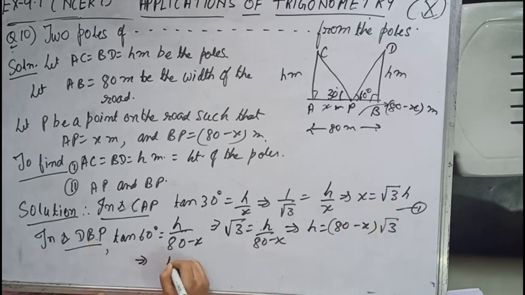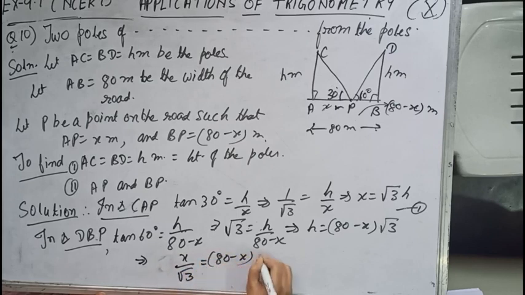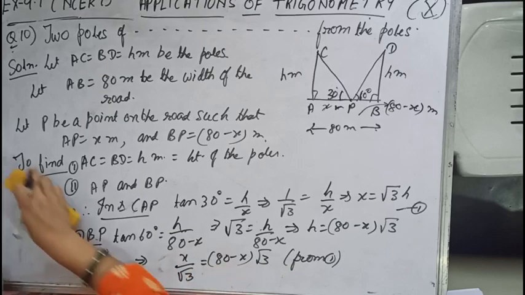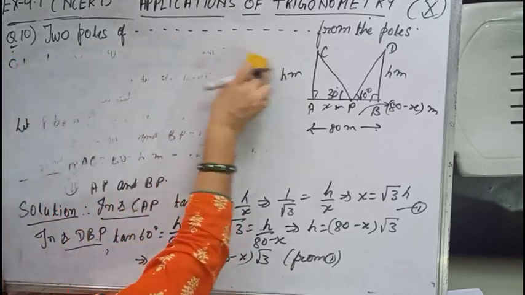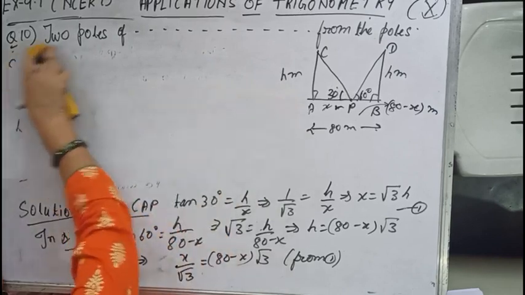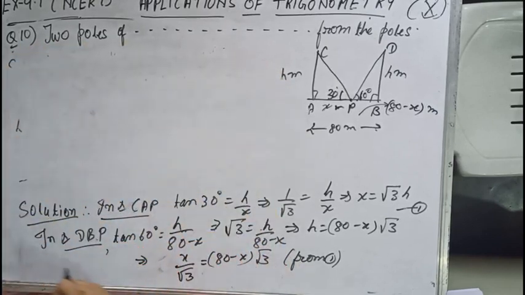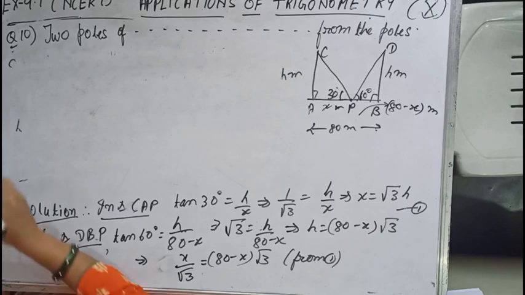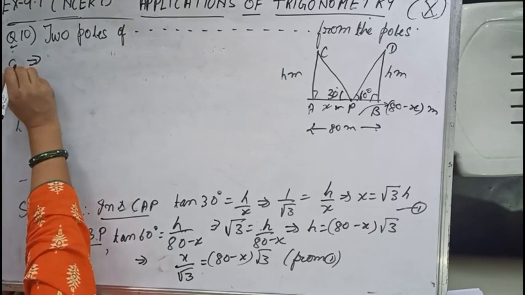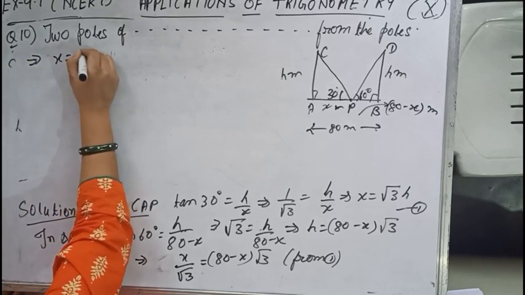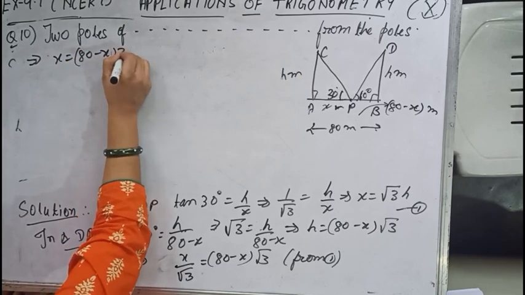So this implies h equals, what is the h value, children? x by root 3 equals 80 minus x into root 3, and you have to write from equation 1. Then this implies x equals 80 minus x into 3.